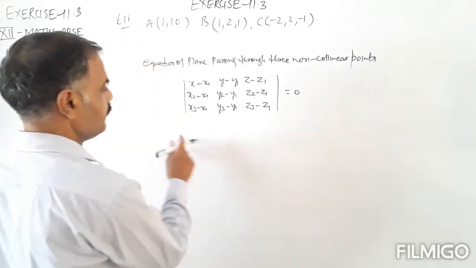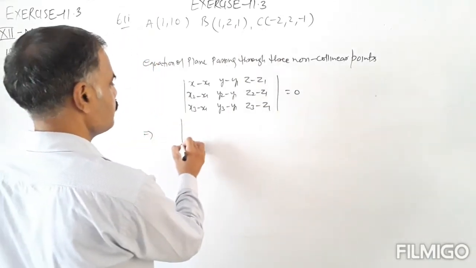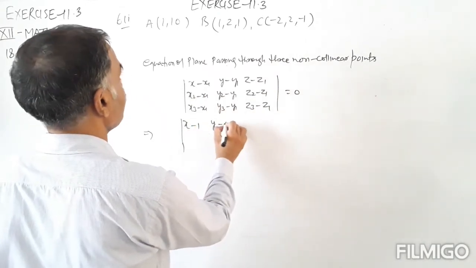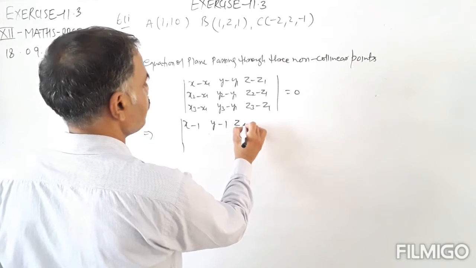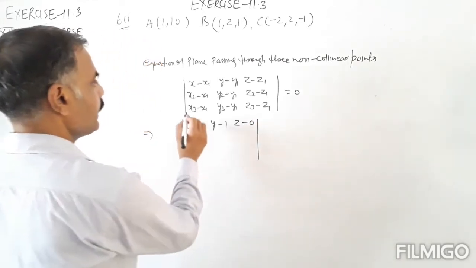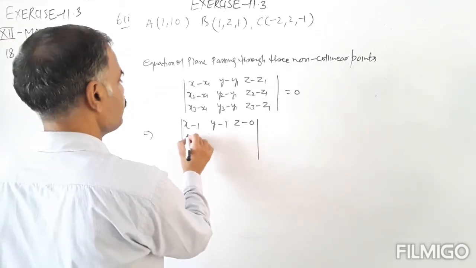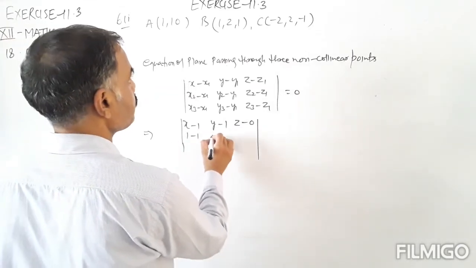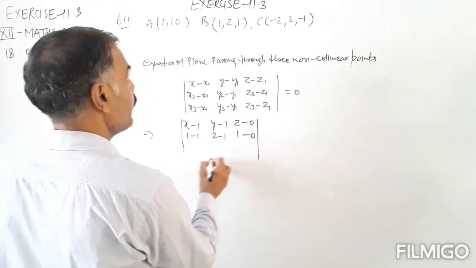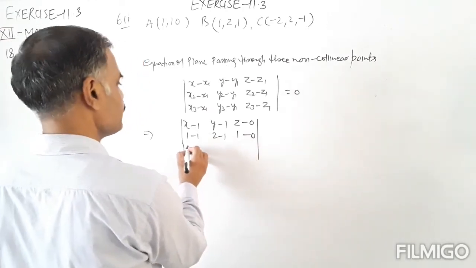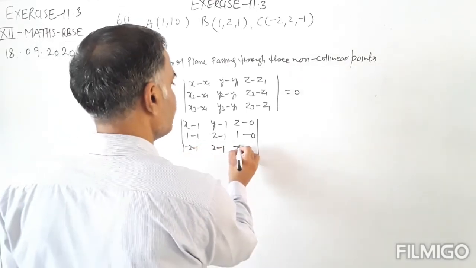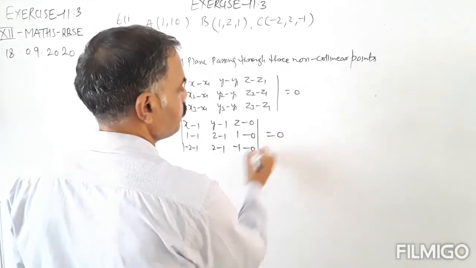in this determinant, we will have x minus 1, y minus 1, z minus 0. Okay, now x2 minus x1 is 1 minus 1, y2 minus y1 is 2 minus 1, z2 minus z1 is 1 minus 0, and lastly x3 minus x1 is minus 2 minus 1, y3 minus y1 is 2 minus 1 and z3 minus z1 is minus 1 minus 0, equals to 0.